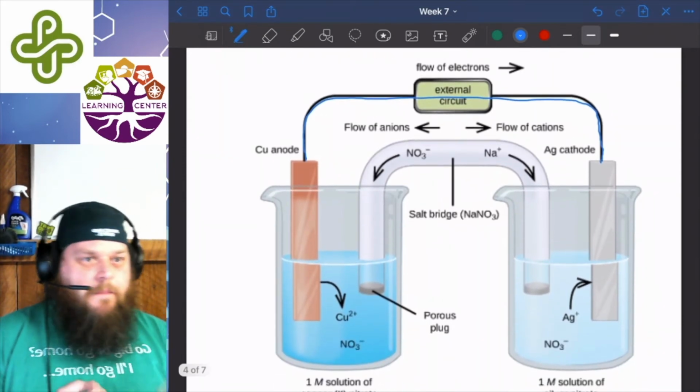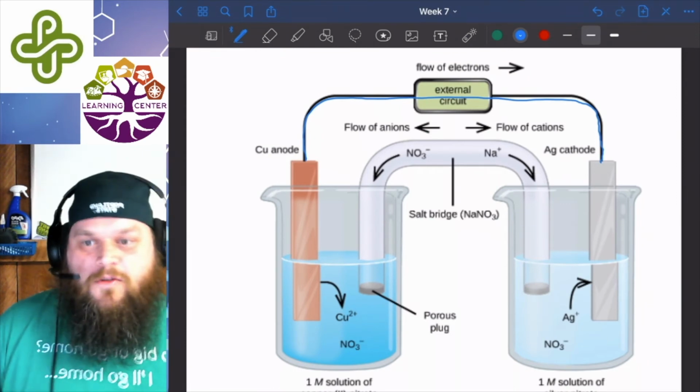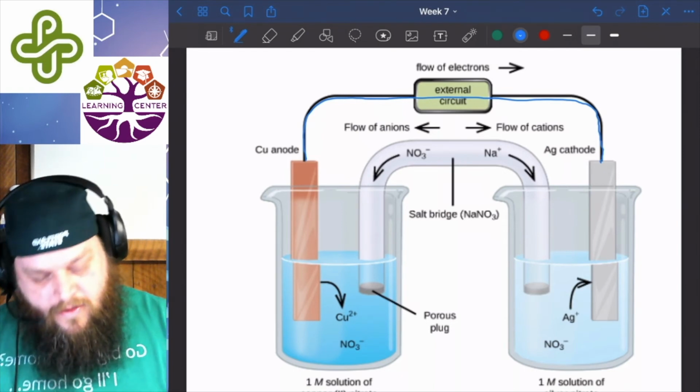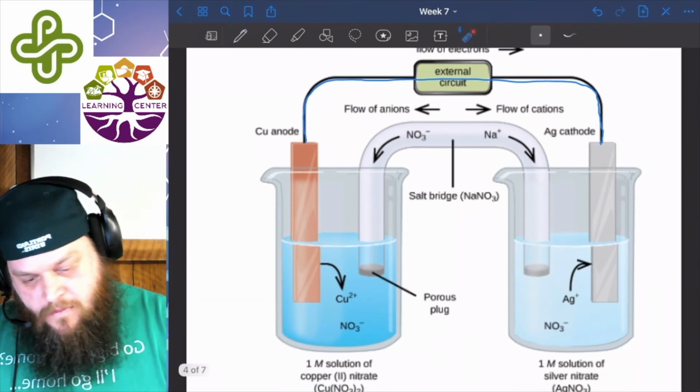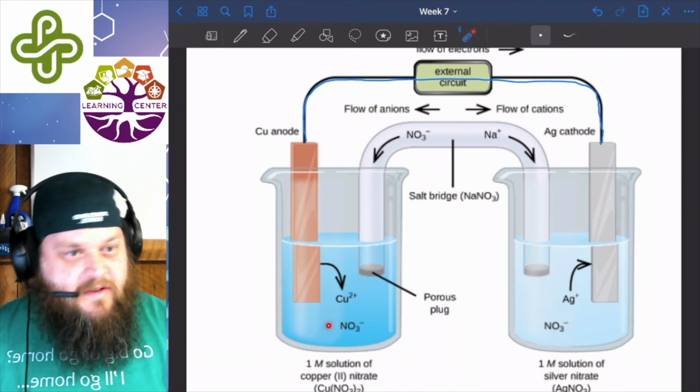It's basically a battery that's happening. It's a really basic battery using two solutions where, in this case, we've got silver nitrate solution over here and copper nitrate solution over here.